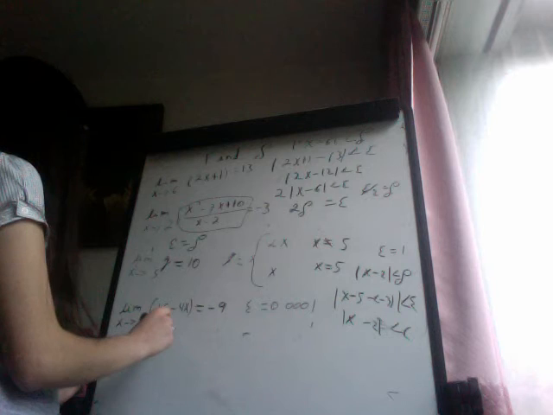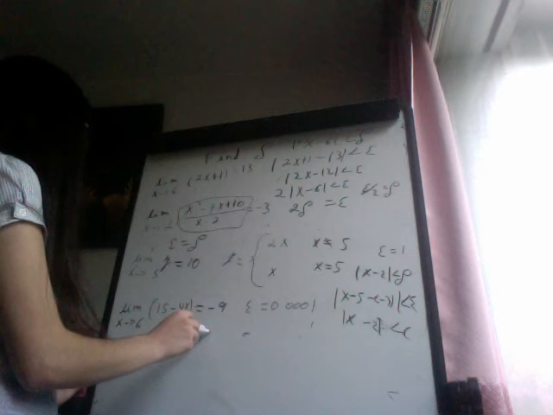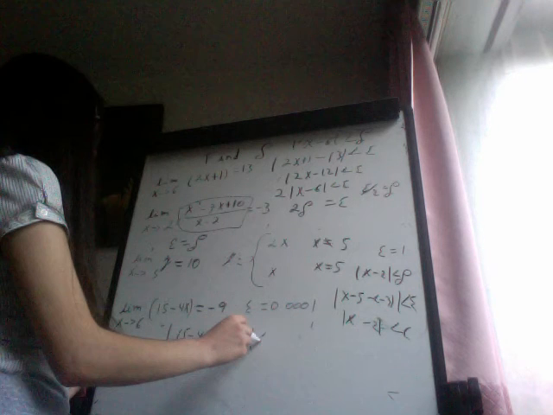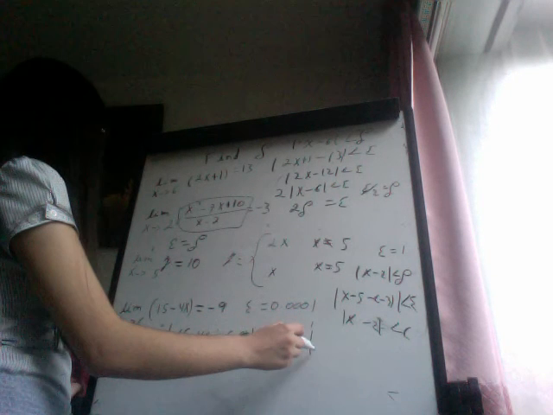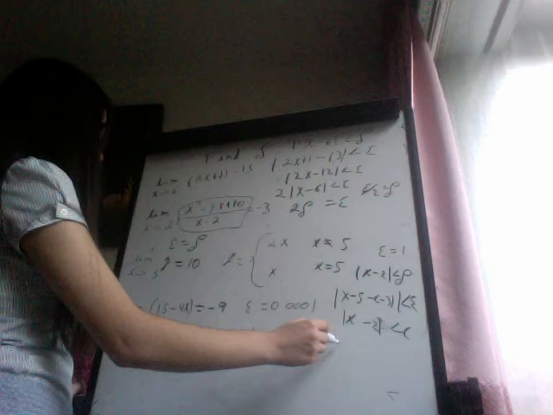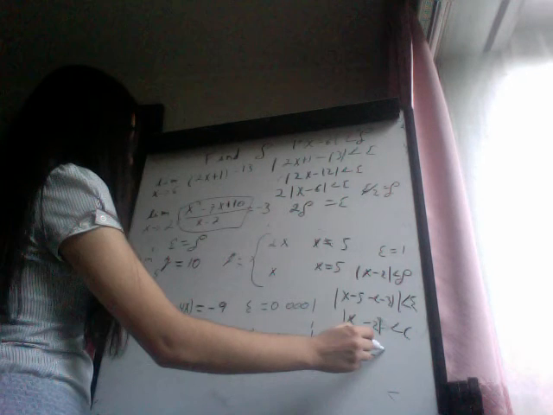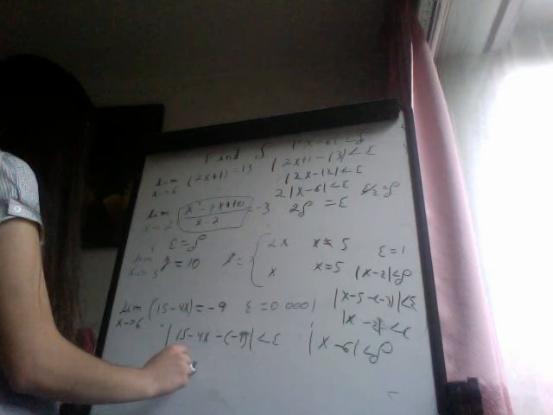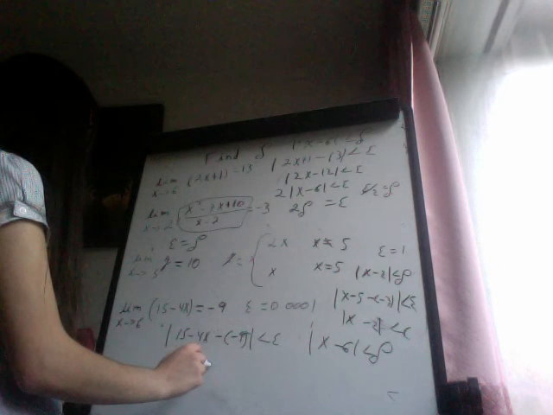And the last one is the limit as x approaches 6 of 15 minus 4x equals negative 9. So our function is 15 minus 4x. This minus the limit, that is negative 9, is less than epsilon. And on the other hand, we have the absolute value of x minus 6 is less than delta. So this is the absolute value of 24 minus 4x, since 15 plus 9 is 24.